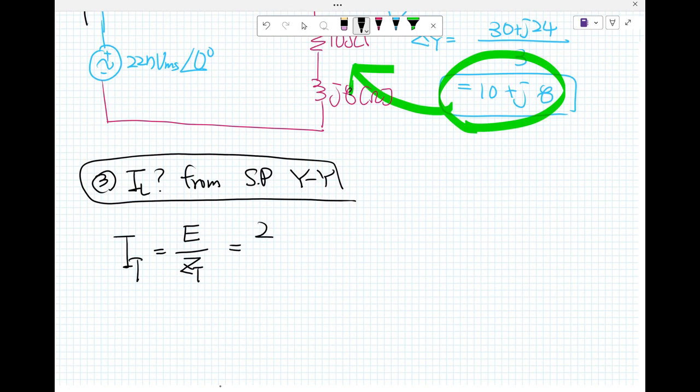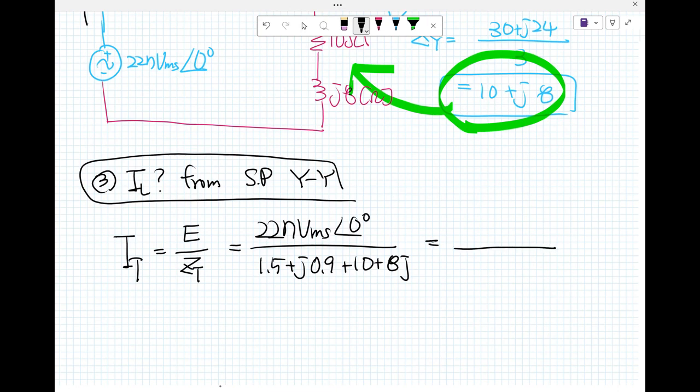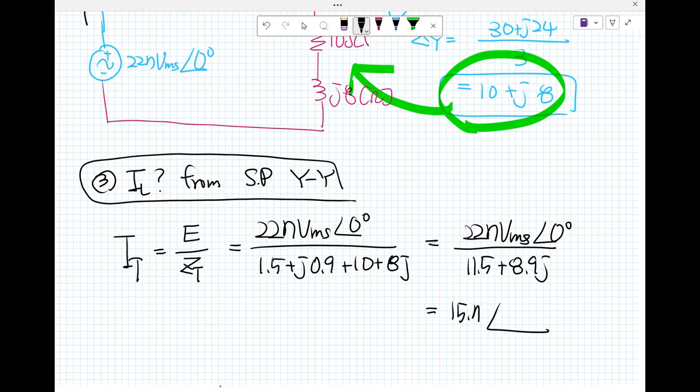E is 227 V sub RMS at 0, and the total impedance is 1.5 plus J0.9, 10 plus J8. So, skip the calculations. Finally, 15.7 at minus 37.7 degrees amps.